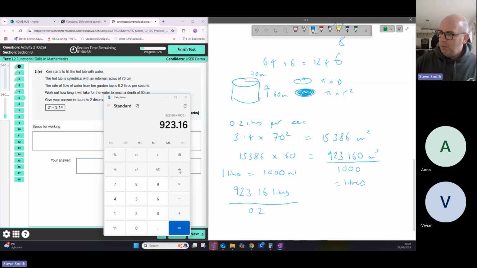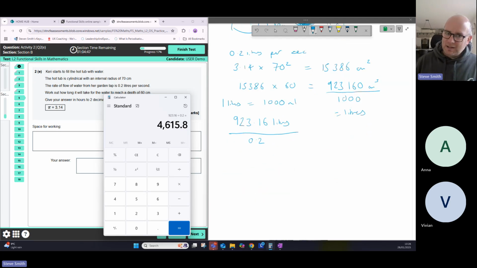So divide that number by 0.2, because that's how many liters per second it does. So we know that it's going to take, it's in seconds still, don't forget, 4,615.8 seconds. Okay, let's say 4,616.